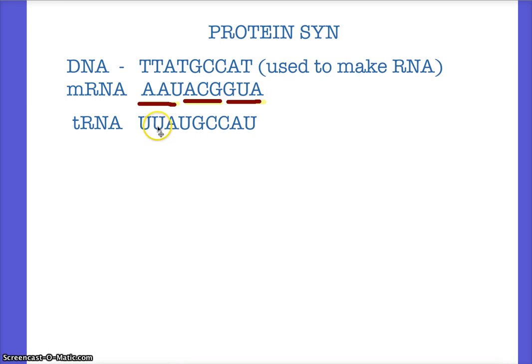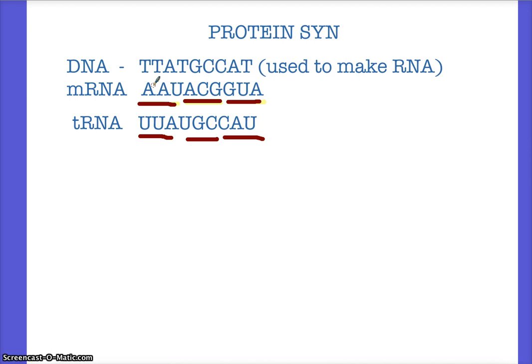What is tRNA going to have on it? Anticodons, every 3 letters. So these are my 3 anticodons. What else is tRNA going to have on it? A message? No, the message is in mRNA. tRNA brings in what's going to build a protein?